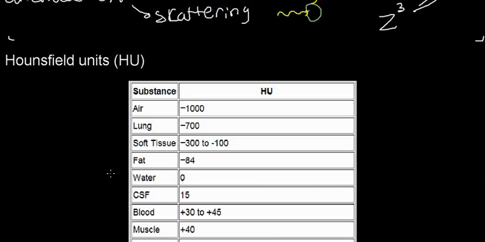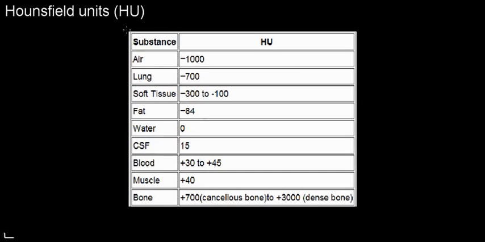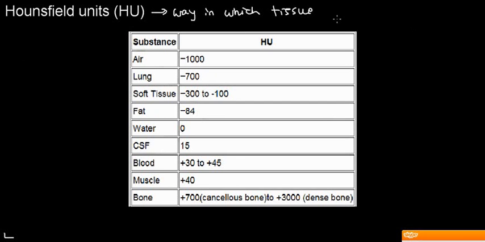Now we're going to talk about the Hounsfield units. The Hounsfield units are just units that describe the way in which different tissues absorb, and this is not for different elements like carbon 12. This is for which tissues absorb in our body.